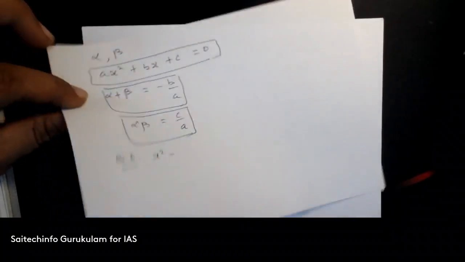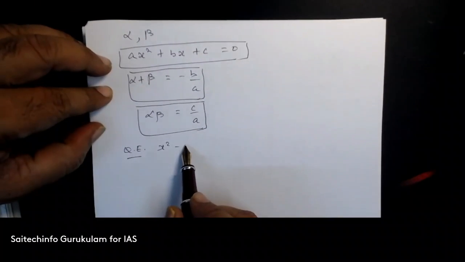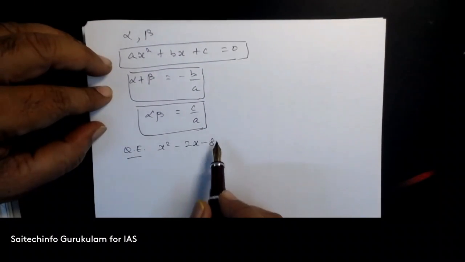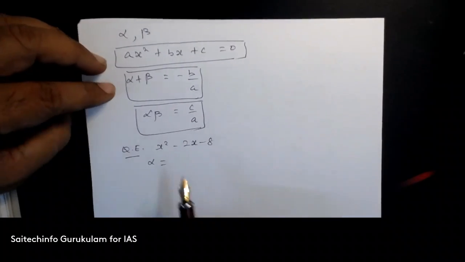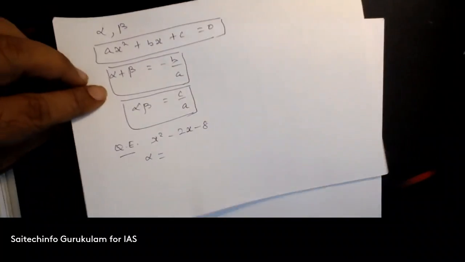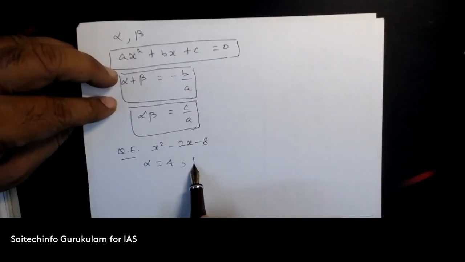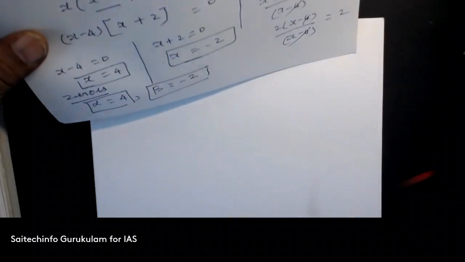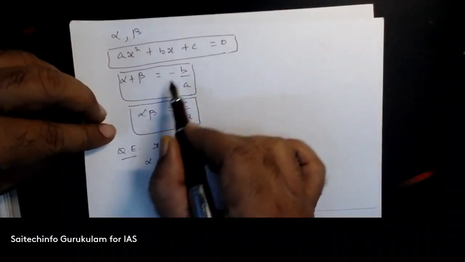And what are alpha and beta? We have got alpha is equal to how much? 4. Beta is equal to how much? Minus 2. Now we need to prove this.